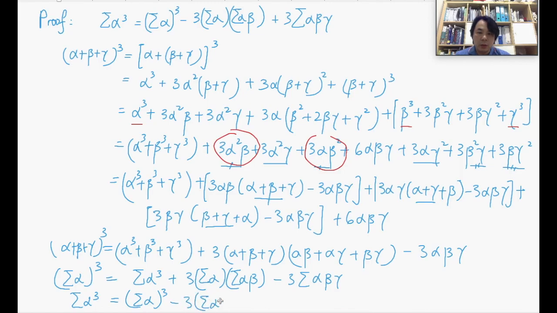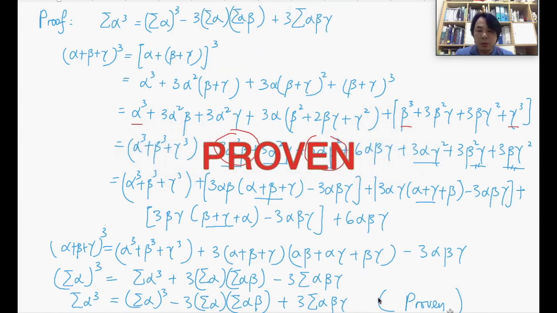Of course, not to the dark side, to the bright side in this case, to the summation side. And then there you have it, proven. Okay, so I hope that will be helpful to you. All right.